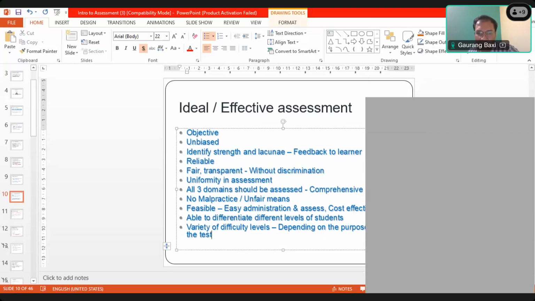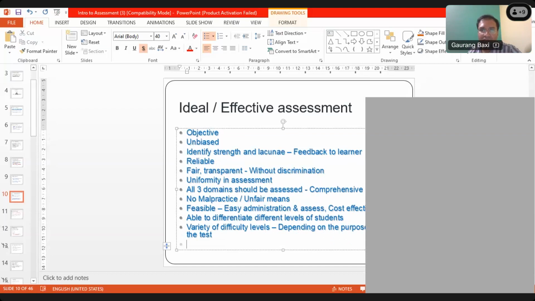So in broad, a variety of difficulty levels should be used, but that depends on the purpose of the test. The final summative can be more difficult and application based, but if it is a weekly test or a month-end posting test at a formative level, it can start from a simpler level as well.